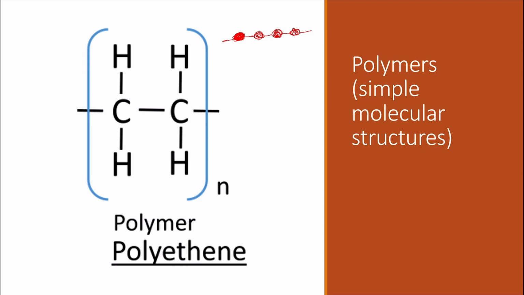As you can see, polymers have a big structure, which means the intermolecular forces between the molecules are very big. The intermolecular forces between the molecules are much higher than in simple small molecular structures. So the melting and boiling points for these are quite high compared to the very small molecules.